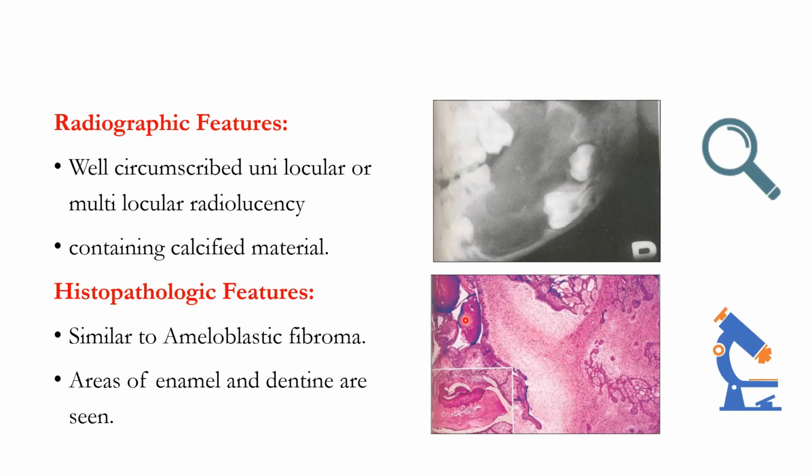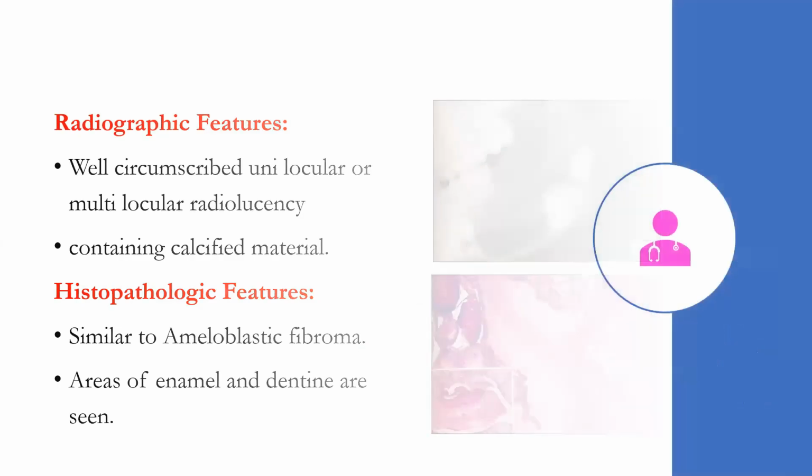So that is the histopathological feature of amyloblastic odontoma. I think it's pretty easy, and it is quite interesting to see how you can appreciate both the features of amyloblastic fibroma as well as odontoma within this slide.